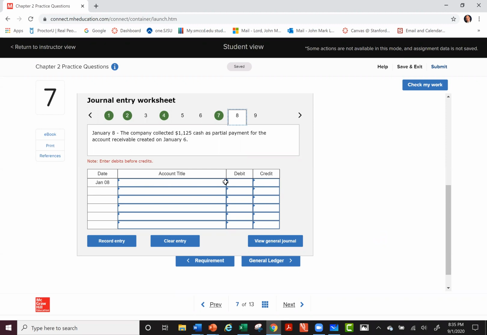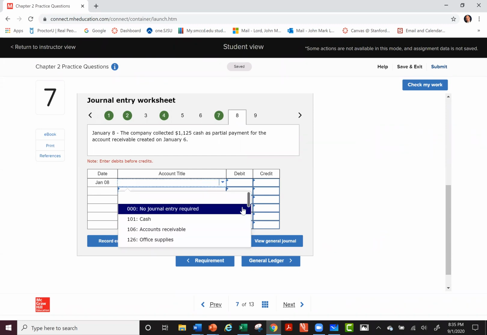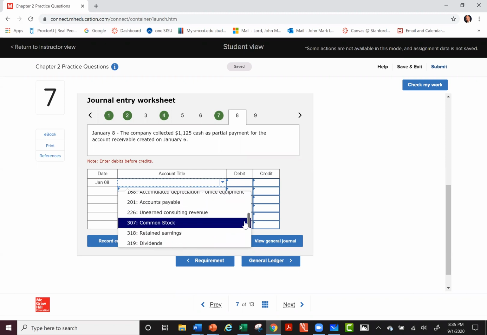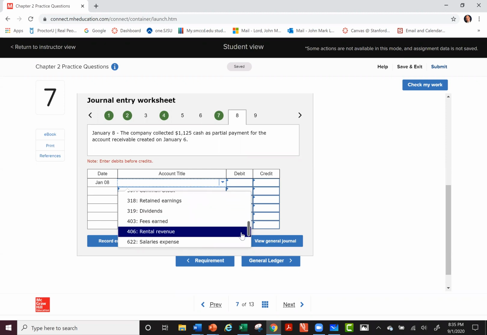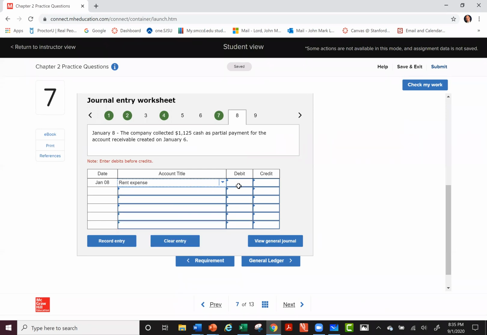I don't have to enter the debits before the credits. So they want me to do the rent expense first. What was it? 1125. Doesn't matter.